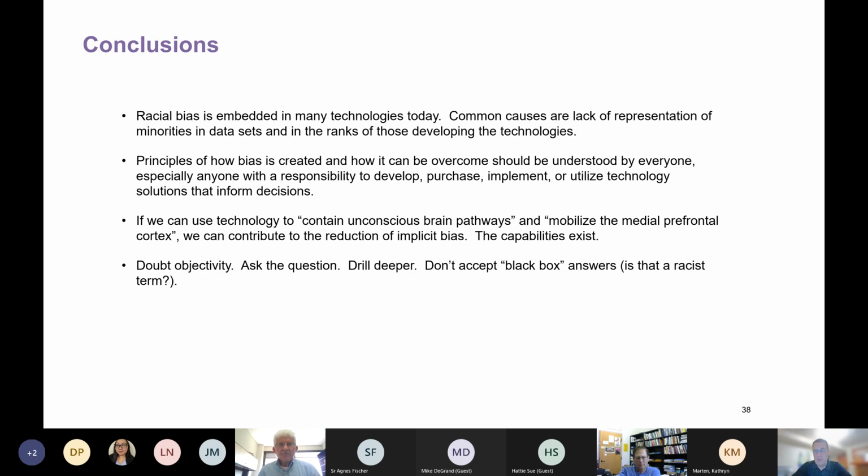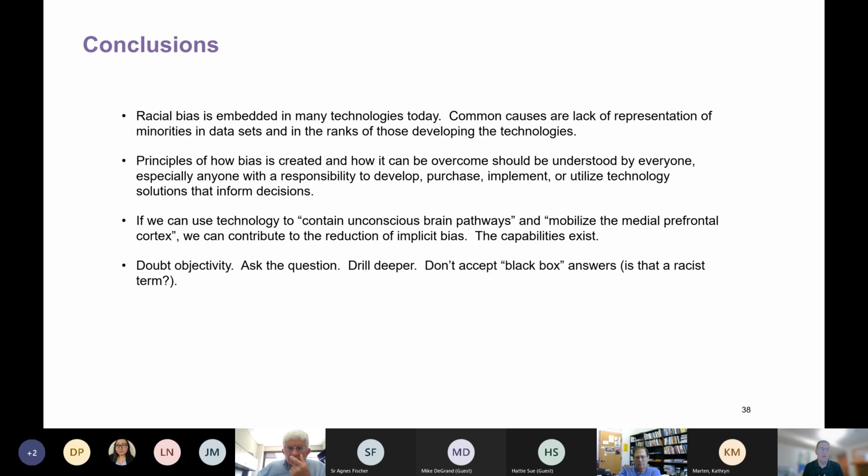So if we can use technology to contain our unconscious brain pathways by slowing things down, by eliminating, redacting information, and at the same time mobilizing the medial prefrontal cortex, we can contribute to the reduction of implicit bias, and these capabilities exist. And some of these capabilities are technology supported.